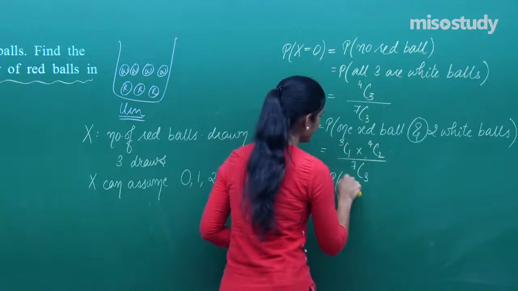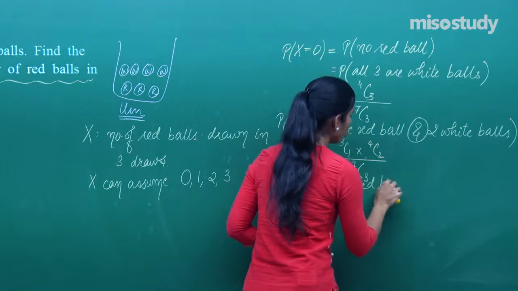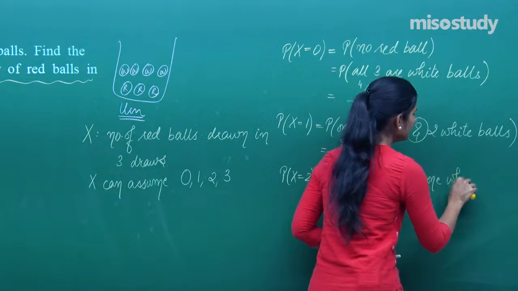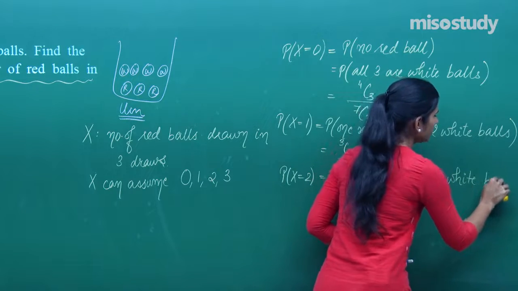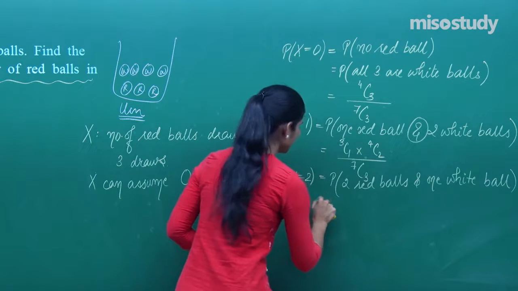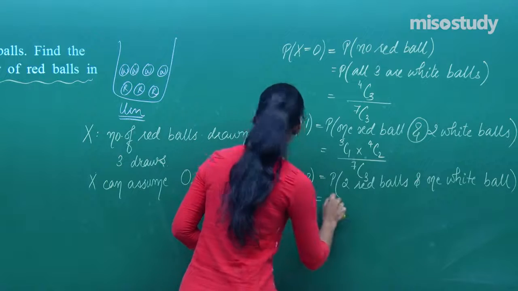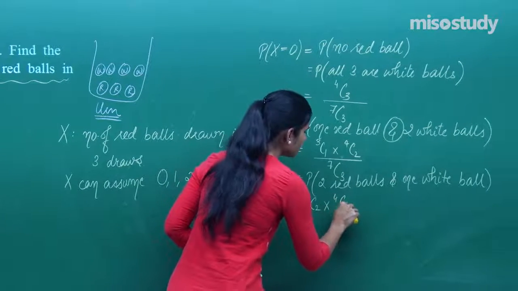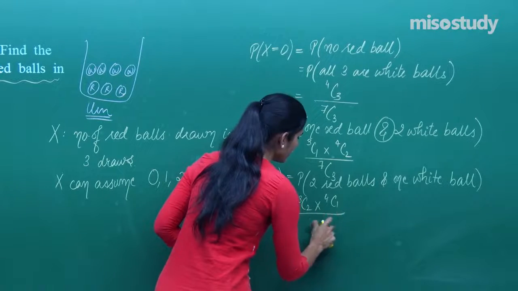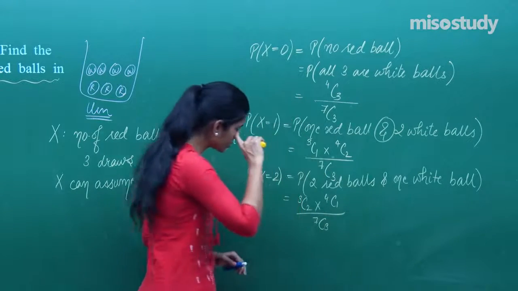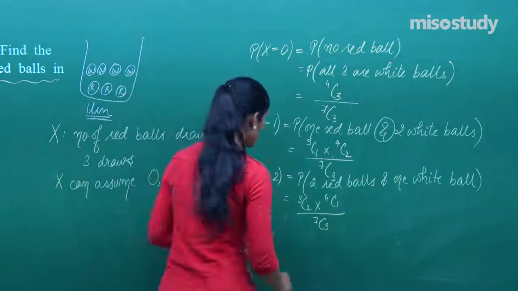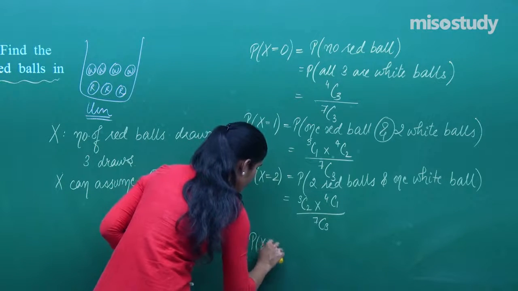This is probability of 2 red balls and 1 white ball. What is this? 2 red balls out of 3 red balls and 1 white ball out of 4 white balls. In total, there are 7C3 ways to actually draw 3 balls out of the available 7 balls. This is probability of X equals 3, what is this?